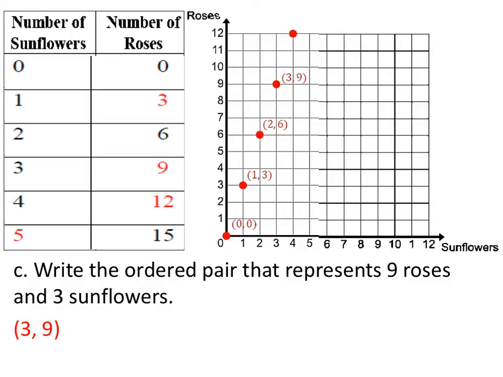One thing that may be helpful for you guys is these ordered pairs are in alphabetical order, and the x's always come before the y's. Also, I guess they did give us the ordered pair right here, so some of you may have noticed that also.